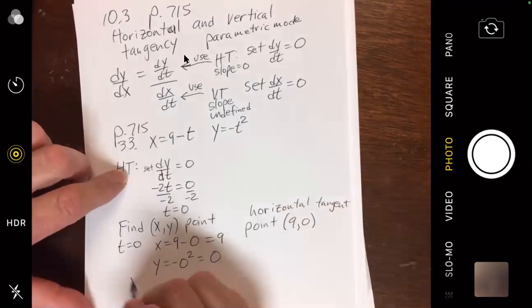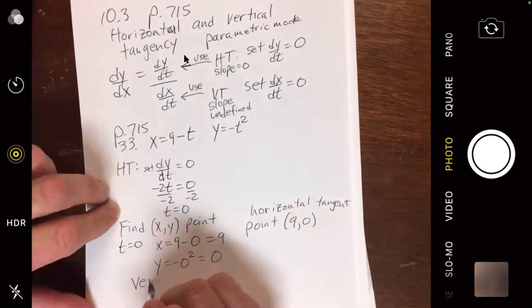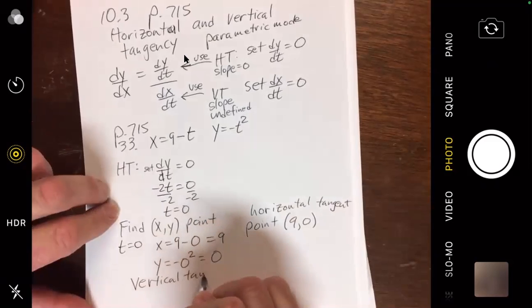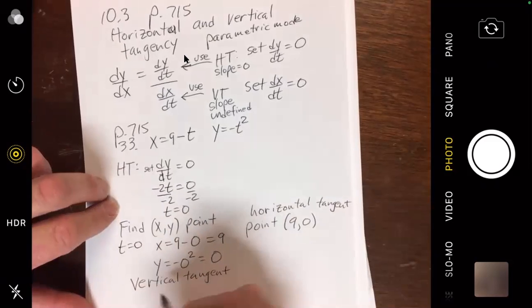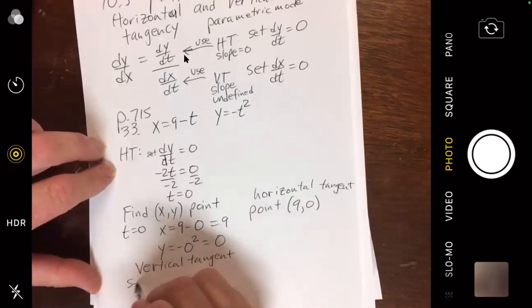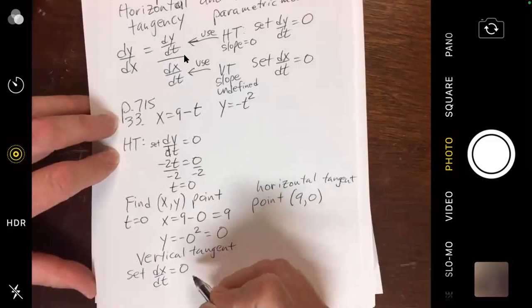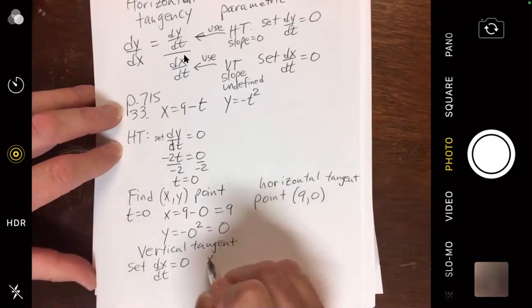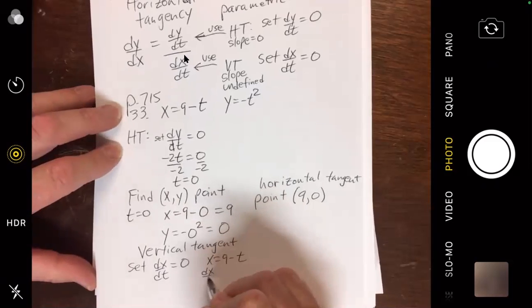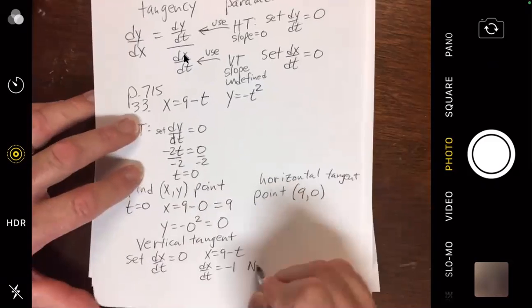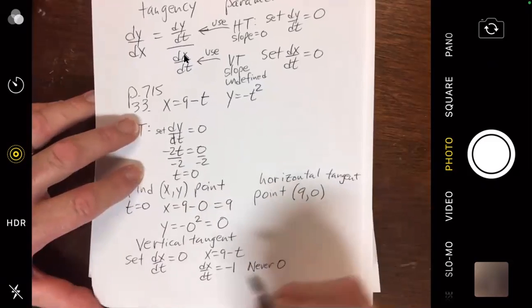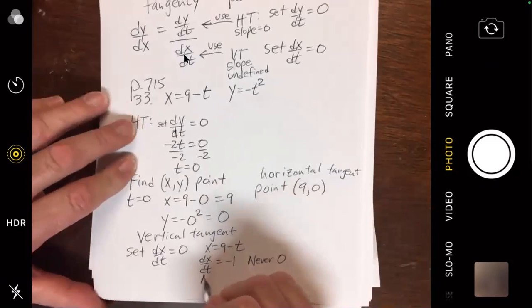All right, vertical tangency. Set dx/dt equals 0. Well, x is 9 minus t, so dx/dt is just negative 1. It's never 0. There's no solution.